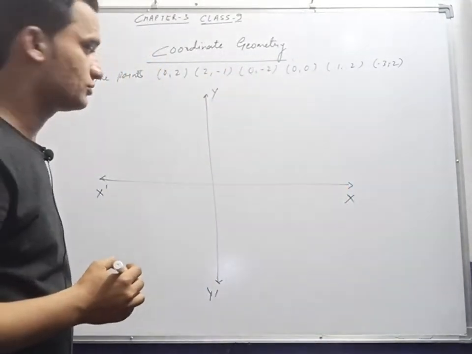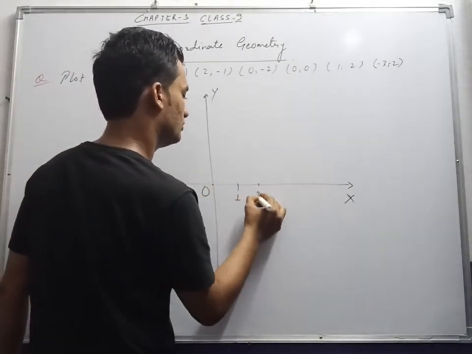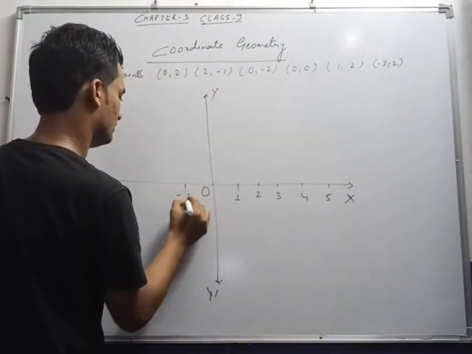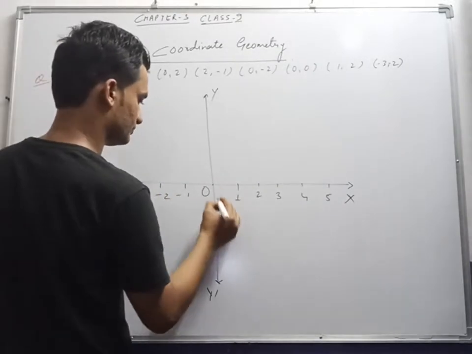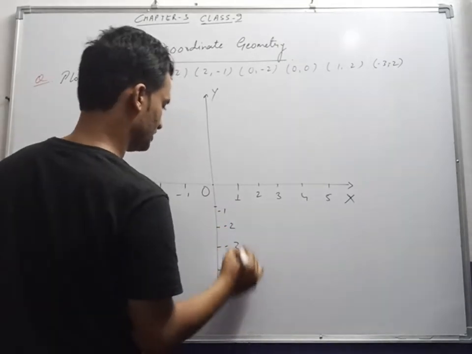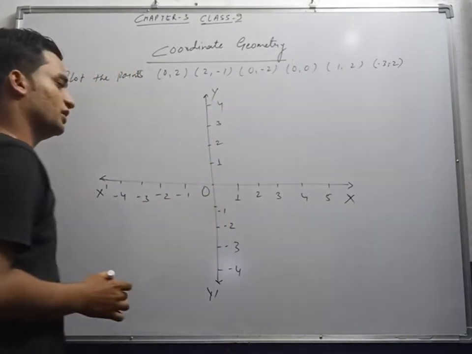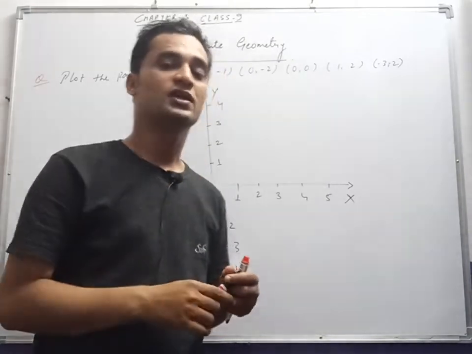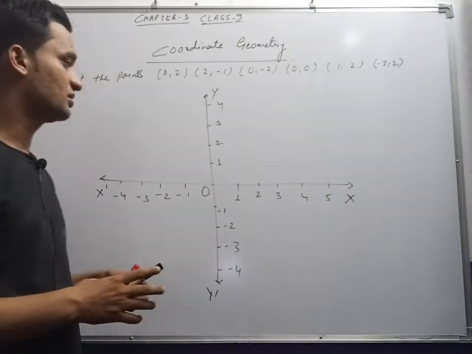This will be origin 0, then 1, 2, 3, 4, 5 and minus 1, minus 2, minus 3, minus 4, and the same on y. For an accurate answer you can prefer graph sheet. If you make it on graph sheet, you will have a proper, accurate answer.